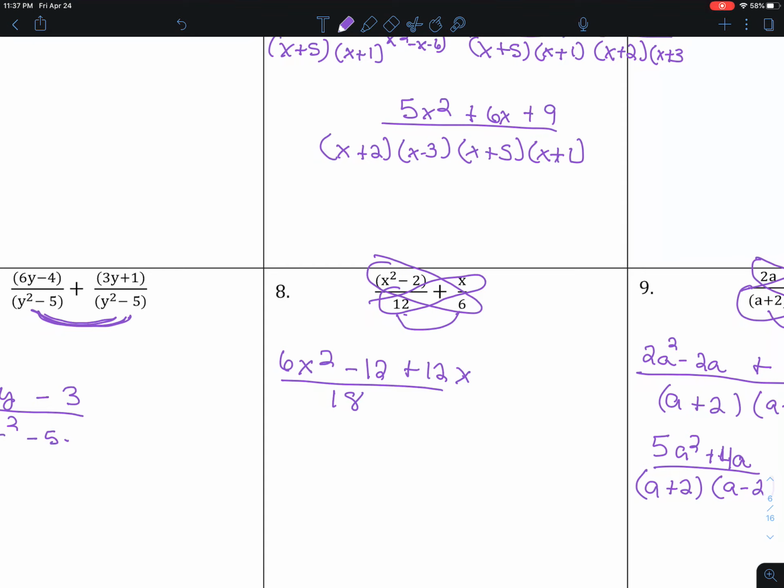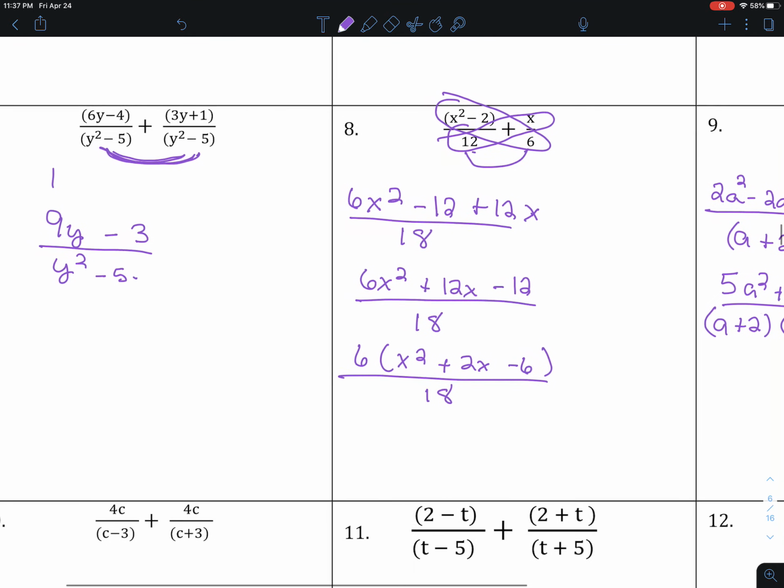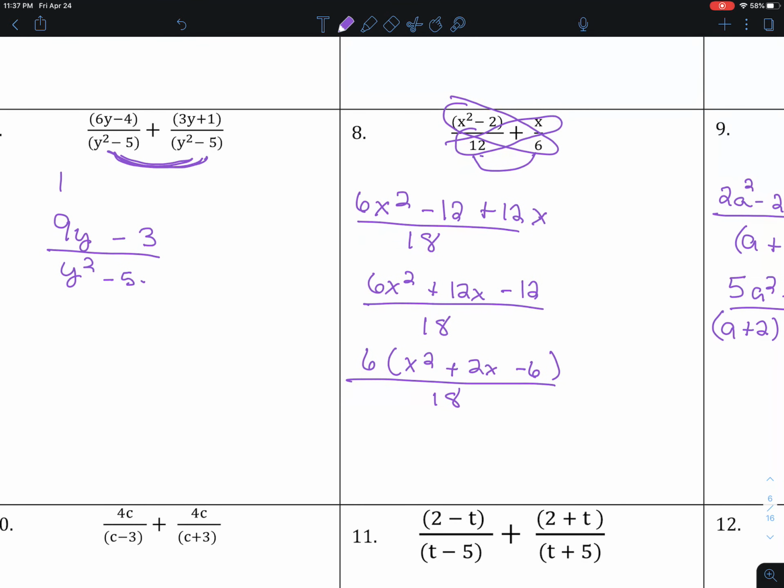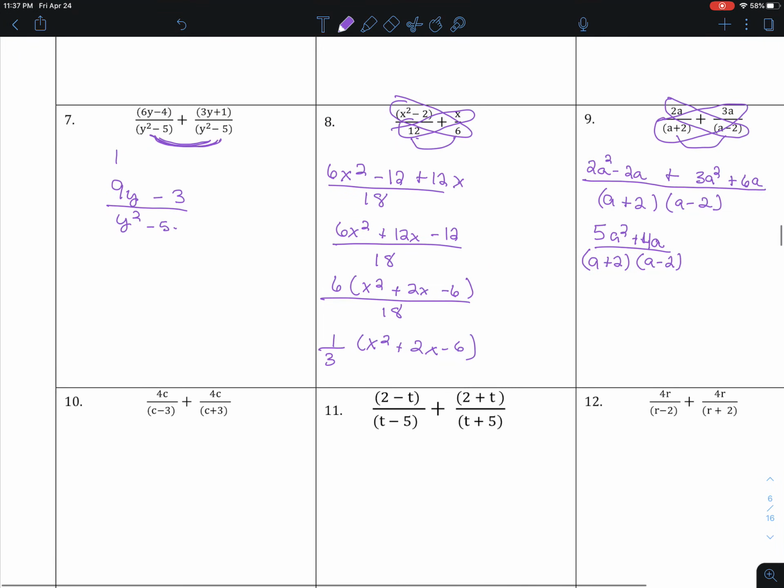So I get 6x squared plus 12x minus 12 over 18. And the reason I say that, I should be able to factor out a 6. So this is 6 times x squared plus 2x minus 2 over 18. And then 6 goes into 18 3 times, so that's 1/3. There you go. You got it.